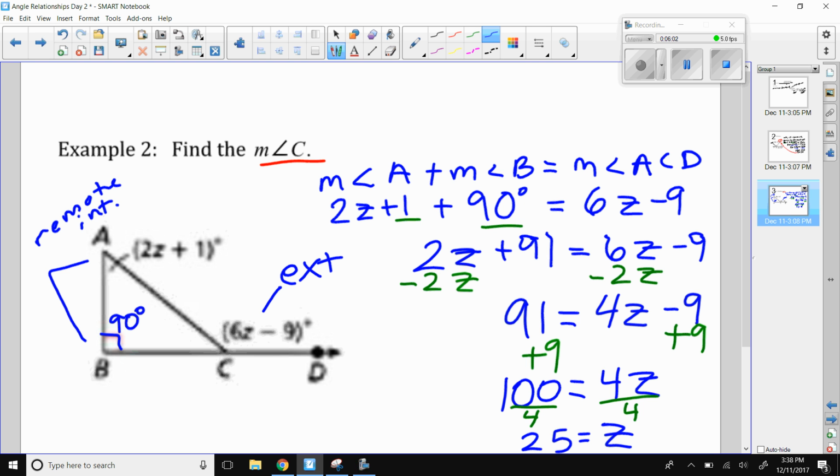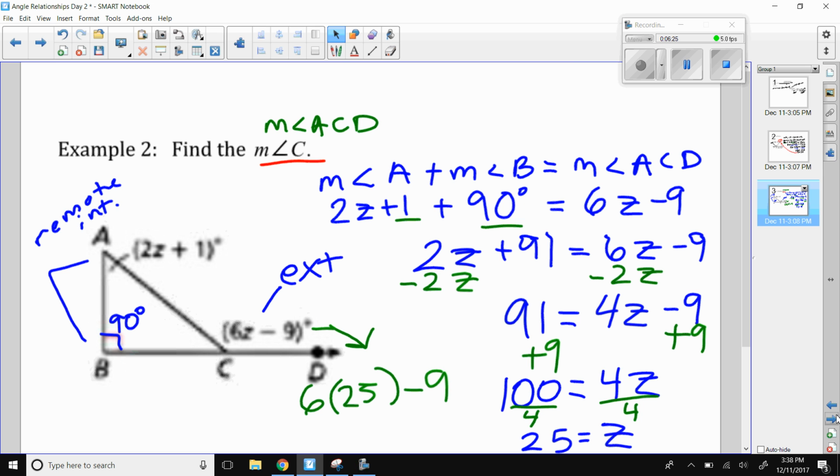Okay, and this asks you for that measure of angle C, which we'll say should be the measure of angle ACD. So what we're asking for is the exterior angle, this angle right here: 6 times 25 minus 9.